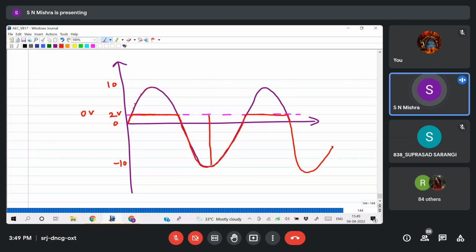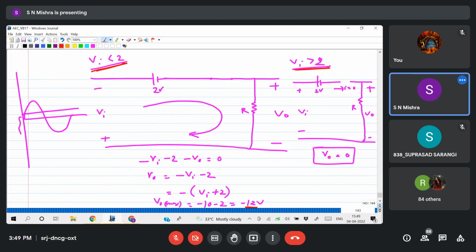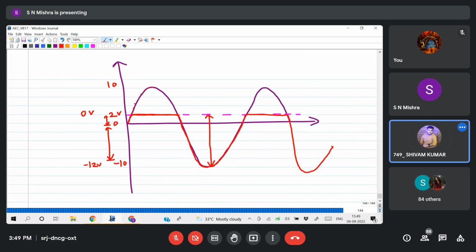Now the entire thing is how much? From here to here 10, here to here 2, so that is 12, so that is minus 12 volt. What am I getting here? Minus 12 volt. Yes, sir. So if I draw the same thing here, let me squeeze it.